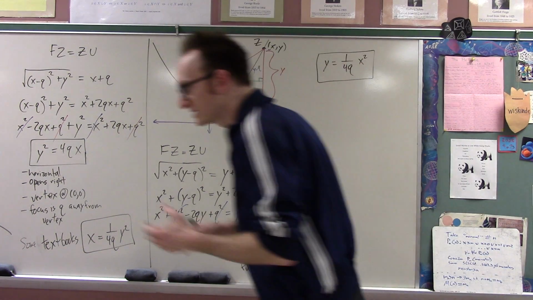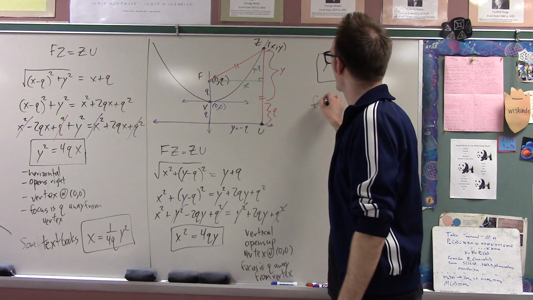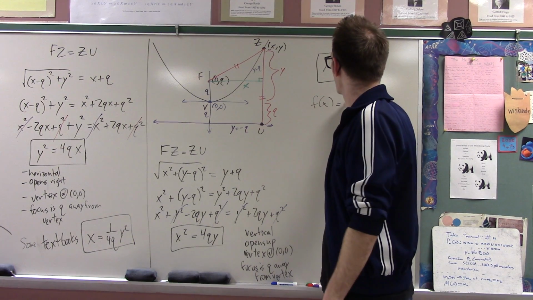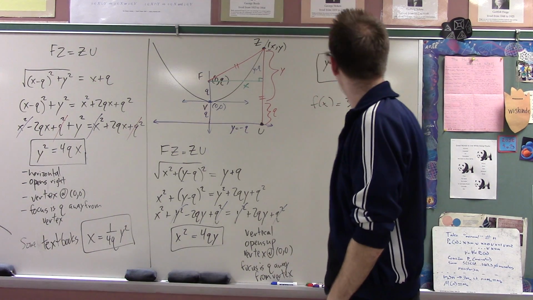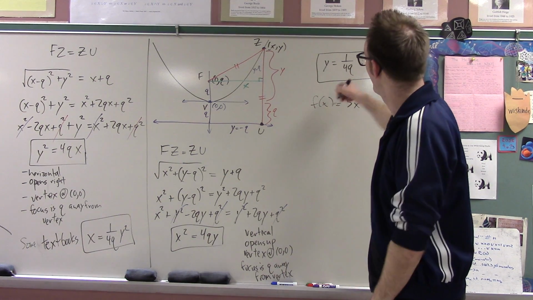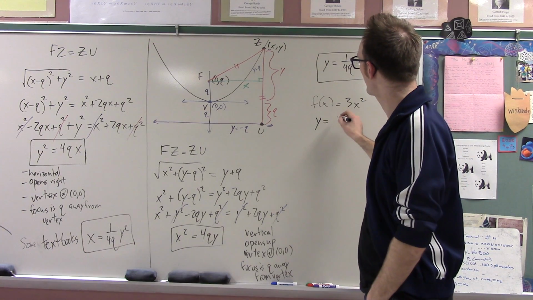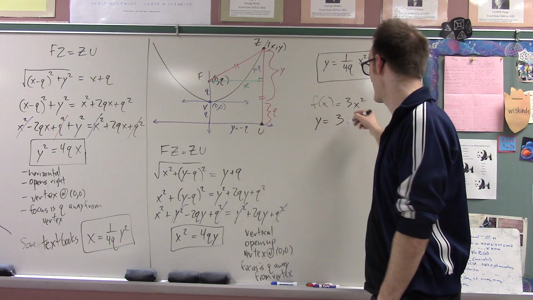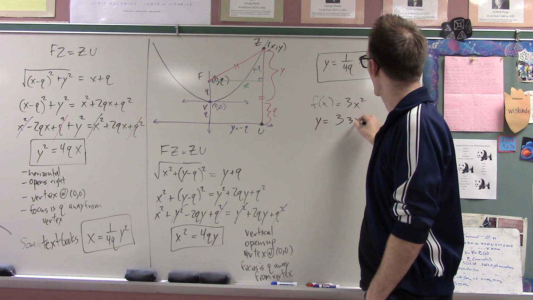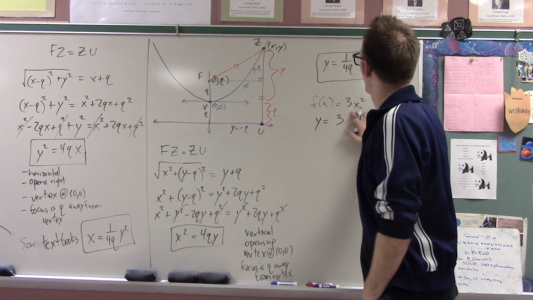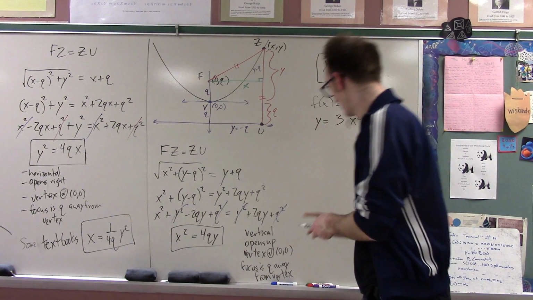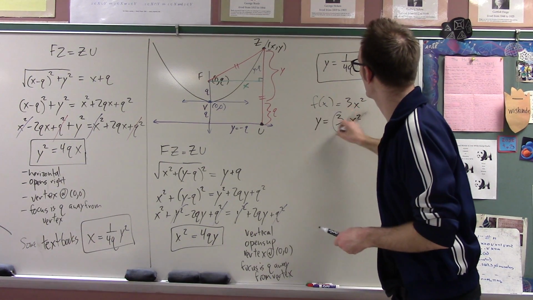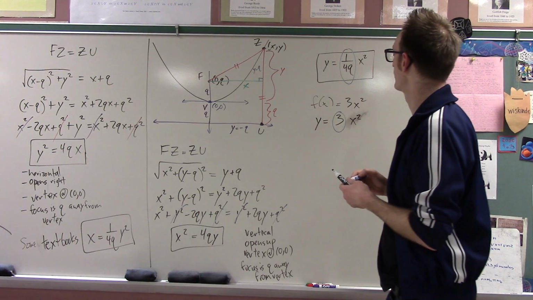Even just to take some function from Algebra 1, like f of x equals 3x squared, what do we have to say about that? Well, based on my new understanding of parabolas, if the relationship between x and y is that y equals 3x squared, then all we're saying is that 3 is the 1 over 4q.